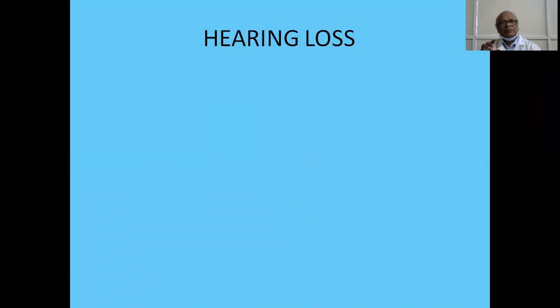So for them, what is known as BAHA, that is bone anchored hearing aid, can be very, very useful. This bone anchored hearing aid has got one abutment made up of titanium screws.